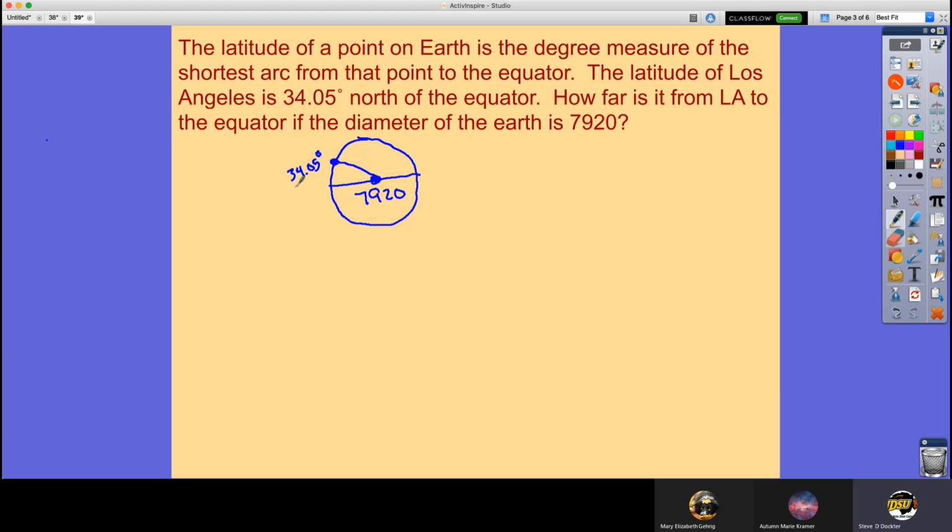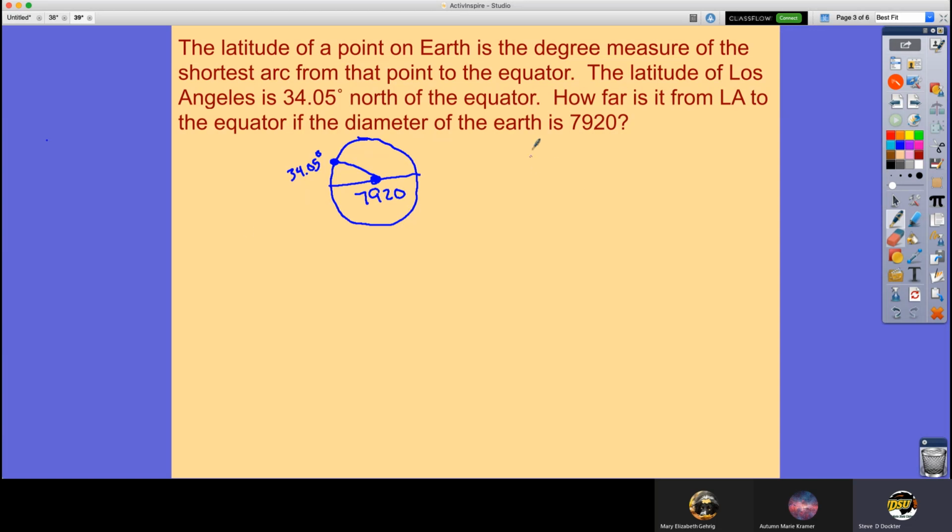Okay, now what happens for this is we need to find not the arc measurement, we need to find the arc length. Because as we know, the Earth is curved, it's a sphere, so we need to find the actual distance that you would travel to get to the equator.